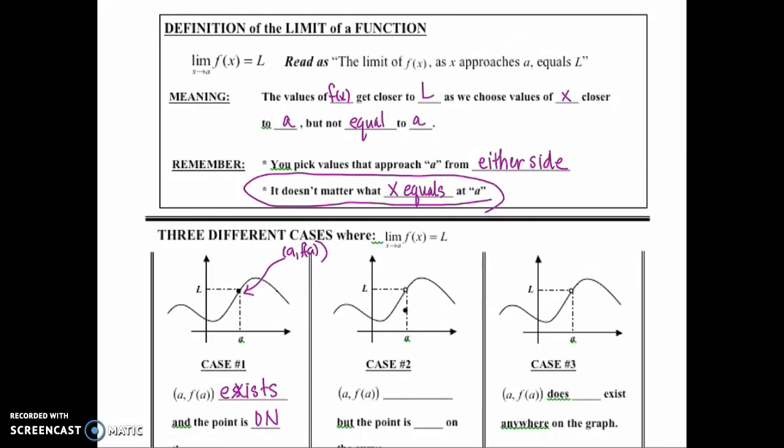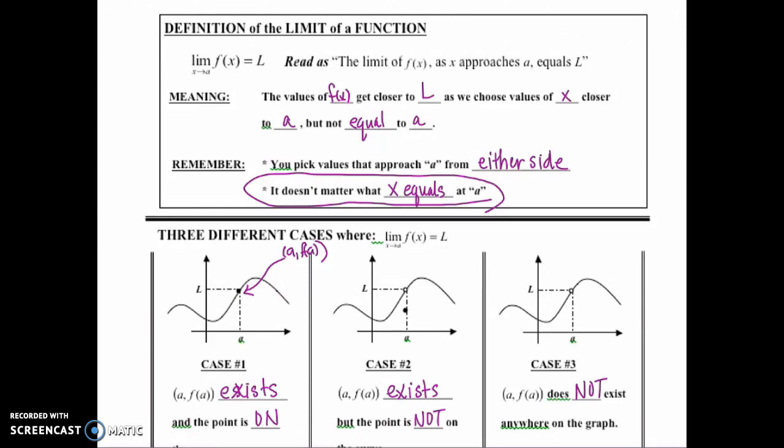So a, f of a exists this time, but the point is not on the curve. And then in the third example, we've got the same curve again. It looks a lot like case 2. We've got that hole in our curve where x equals a, but this time we don't have that solid dot anywhere. So this time a, f of a does not exist anywhere on the graph.